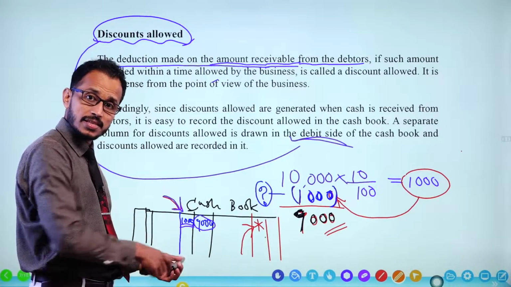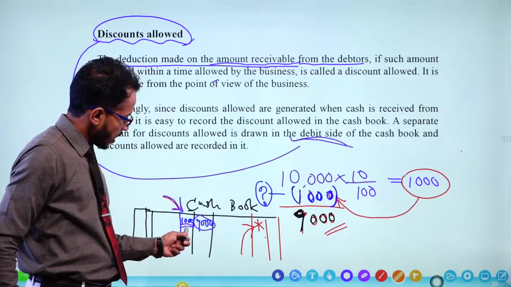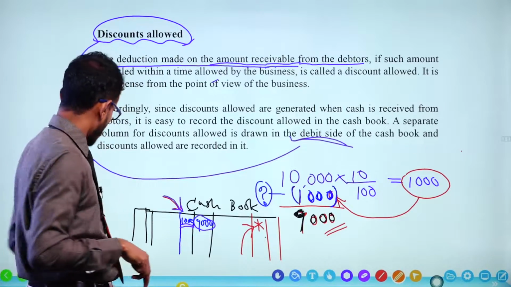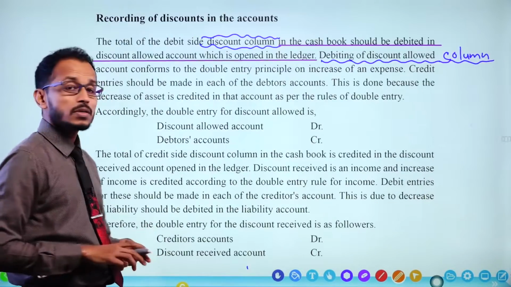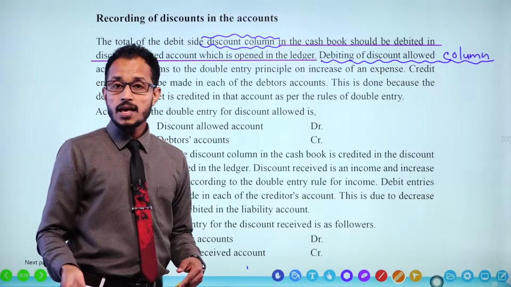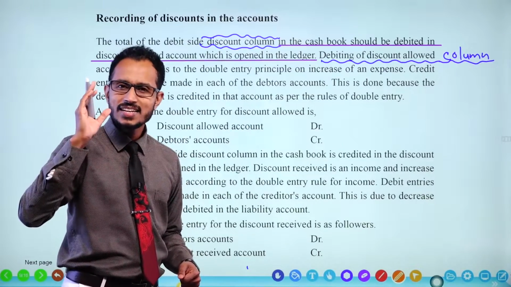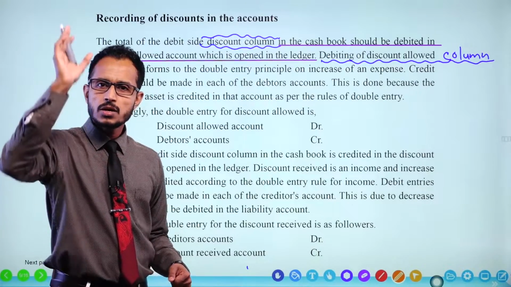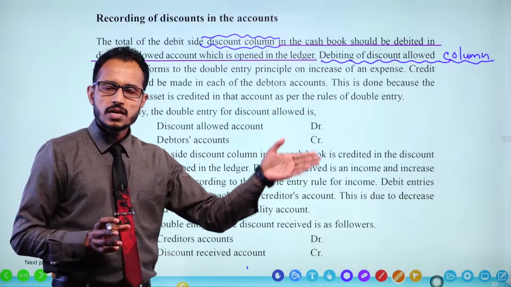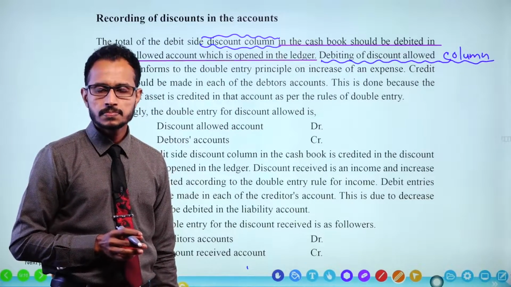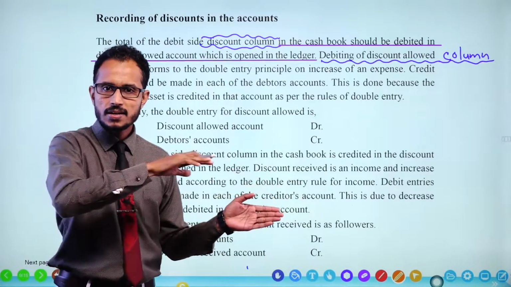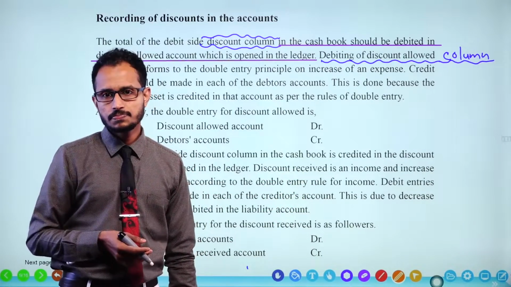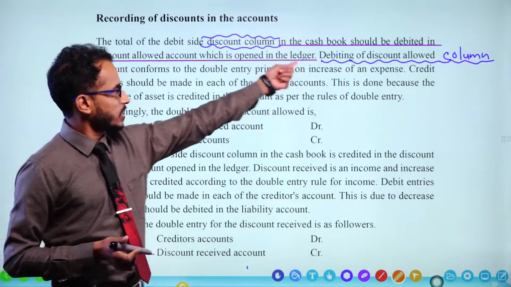Just by debiting this discount allowed 1,000, you don't stop. You have to take one step further and transfer that discount allowed column total to the discounts allowed account. There should be a separate account called discounts allowed account.